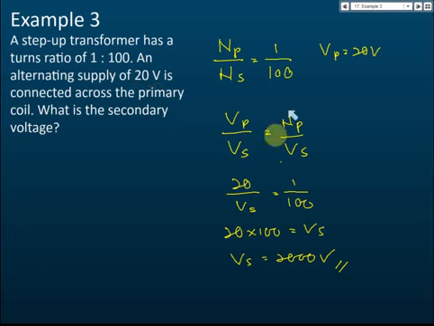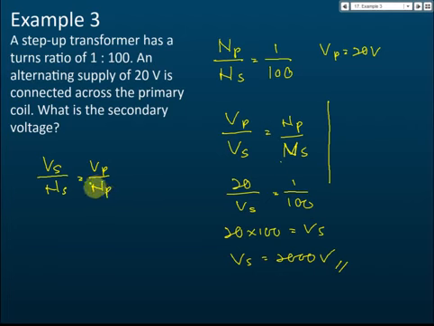So Vp is 20. Something is wrong here, this one should be Ns. Np over Ns. We have the formula Vs over Ns equals Vp over Np.